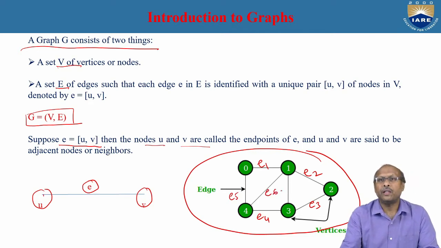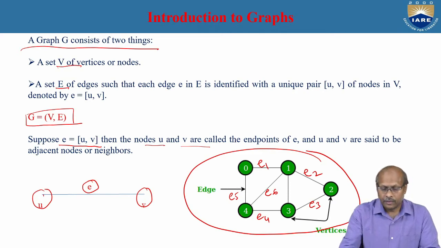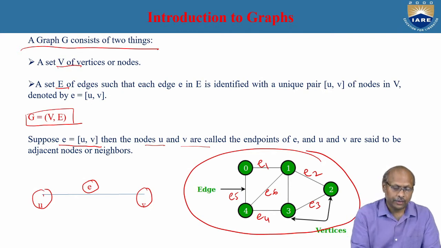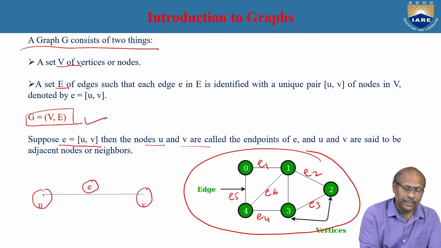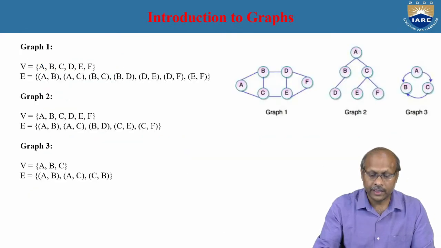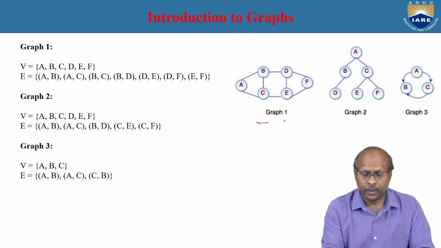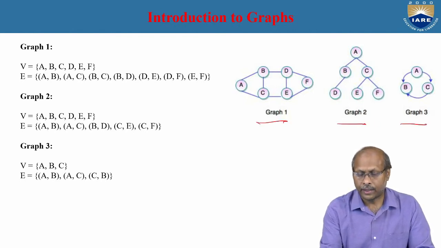So you have multiple edges, and how many vertices are there? 1, 2, 3, 4, 5. 5 vertices. So a graph can be represented by a set of vertices and edges. That's why in the definition you wrote G equal to (V, E). V stands for vertices, E stands for edges. Next, you see the example here. I have given some graphs: graph 1, graph 2, and graph 3.